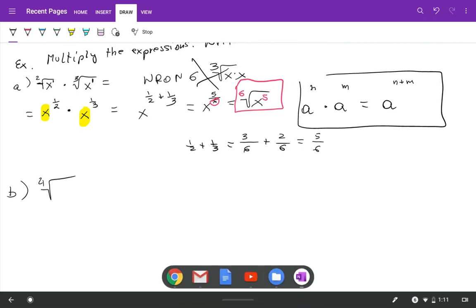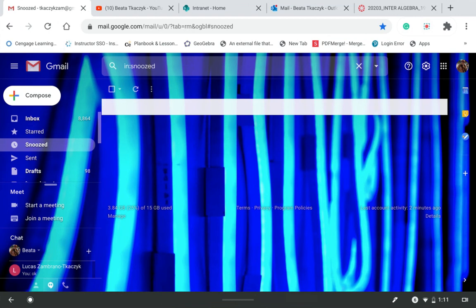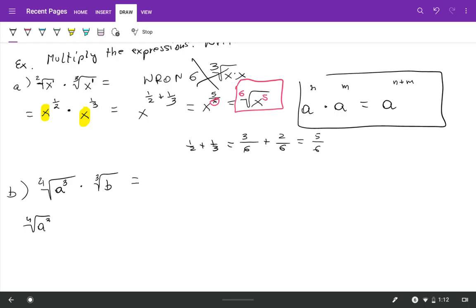So this is my answer. Okay, so we cannot solve that a different way because the indexes of those radicals are different. Okay, and let's do example B. You have a radical of index 4.